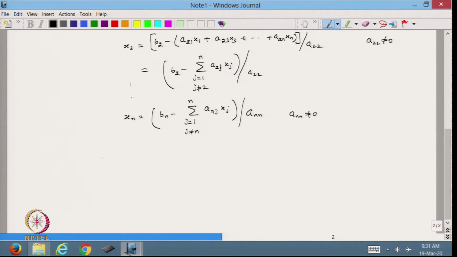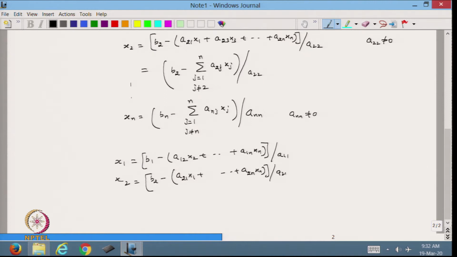So in this case, if you combine all these equations together, you will see that x1 is b1 minus a12 x2 up to a1n xn, divided by a11. x2 is b2 minus a21 x1 up to a2n xn, divided by a22.